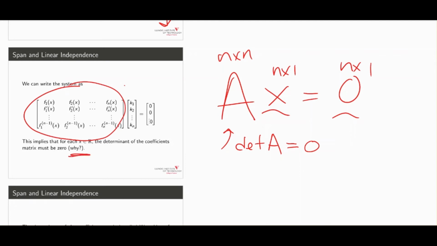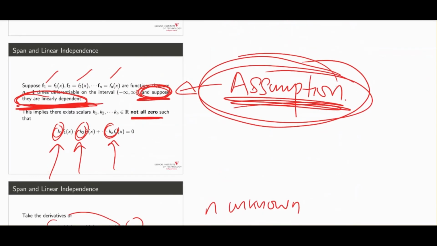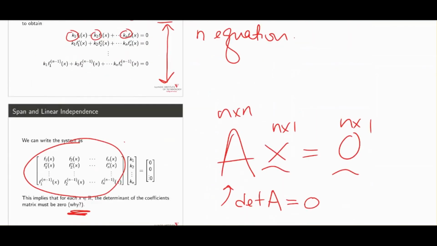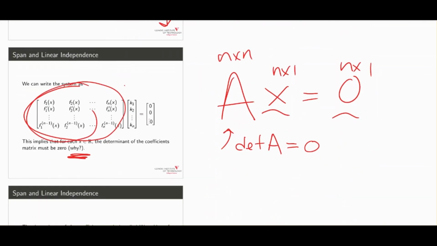Do you know why this determinant has to be 0? It is because of our hypothesis. This is the first thing that we start with: we assume that f1 all the way to fn are dependent, so k1, k2, and kn are not all 0. So the determinant had better be 0.